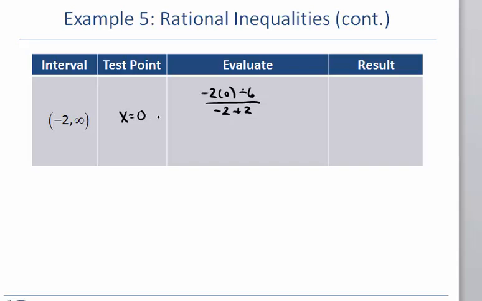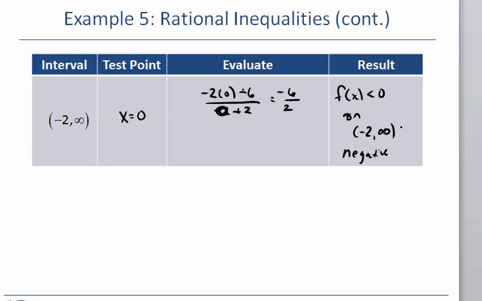I've got a mistake here somewhere. So negative 2 times 0 minus 6. Okay, so this should be 0 here. All right, so on the top, that's going to give me a negative 6 and a positive 2 on the bottom. So that's going to give me a negative result, which means that the function is less than 0 for all x on the interval from negative 2 to infinity.